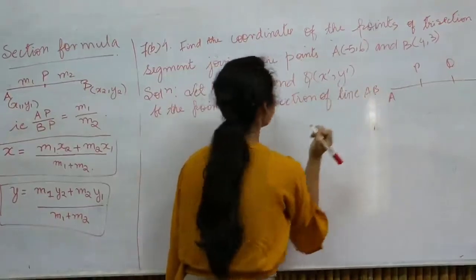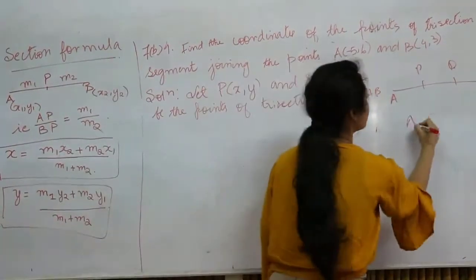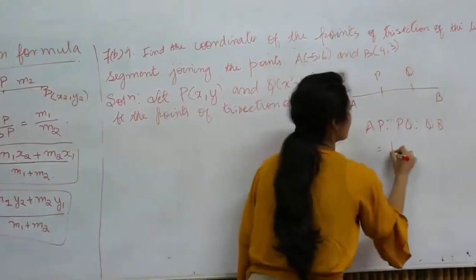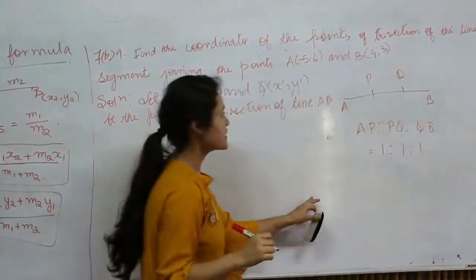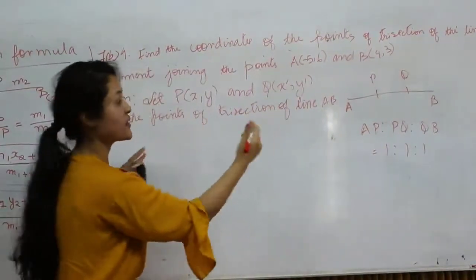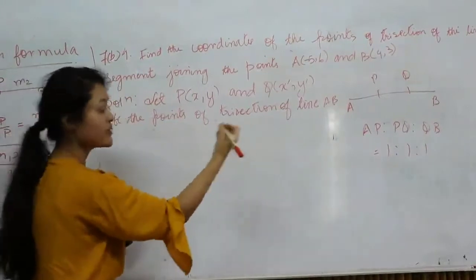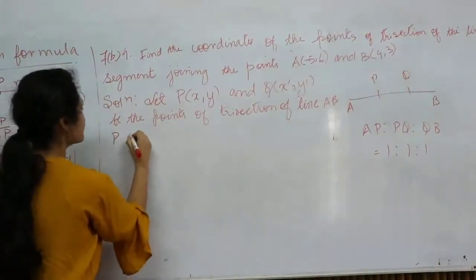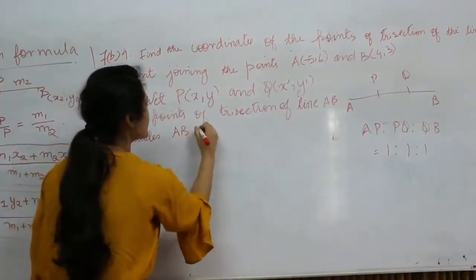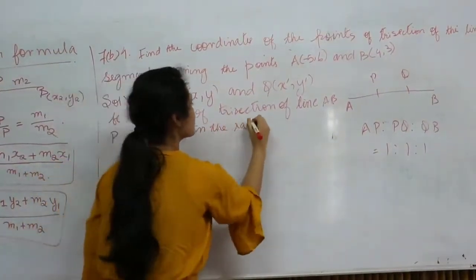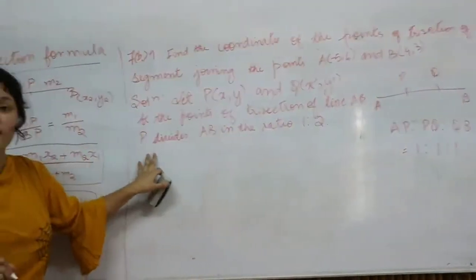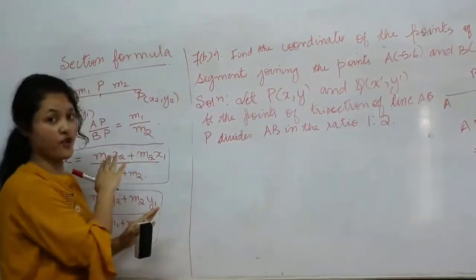Now we have seen that the ratio AP is to PQ is to QB is 1 is to 1 is to 1 each. Therefore this P, if you see here, divides AB in the ratio 1 is to 2. So to find the coordinates of P, we just use the section formula.